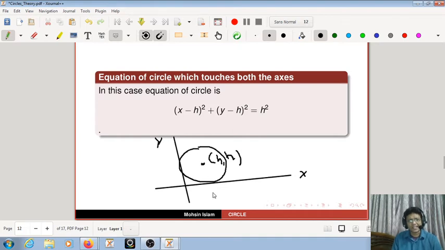Because the x-axis and y-axis both are tangents, and the center will be just above the point of contact. So this distance will be h and this height will be h. So the equation of the circle reduces to this form. If you simplify, you will get the simplified result. So this will be the diagram when the circle touches both the axes.